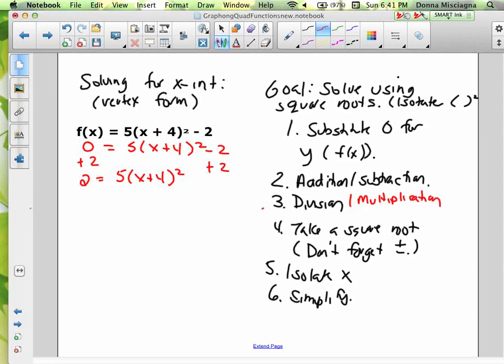It's going to be division if a is an integer. And it's going to be multiplication by the reciprocal if a is a fraction.